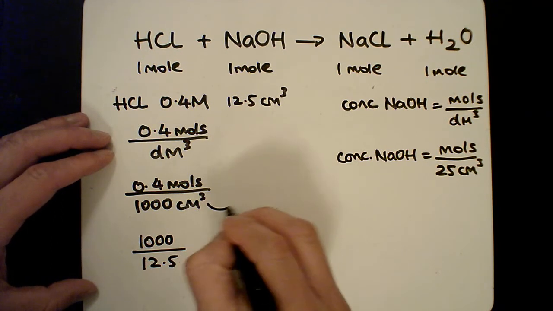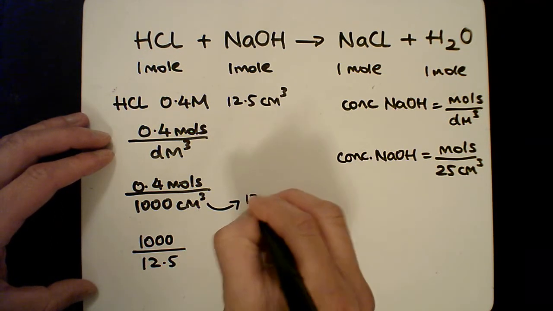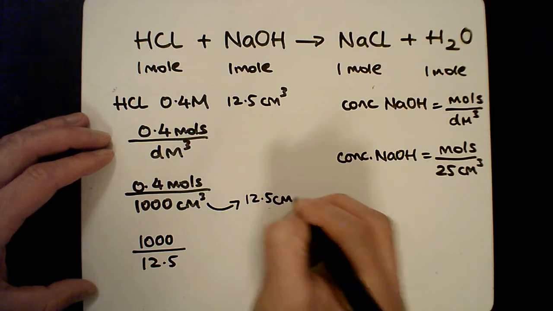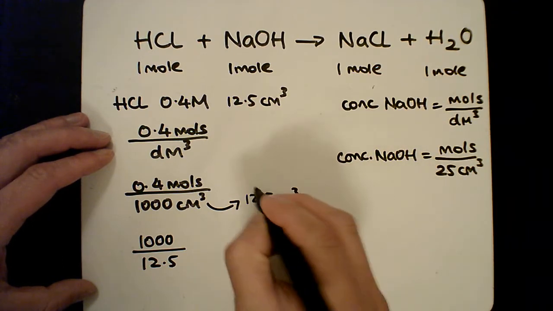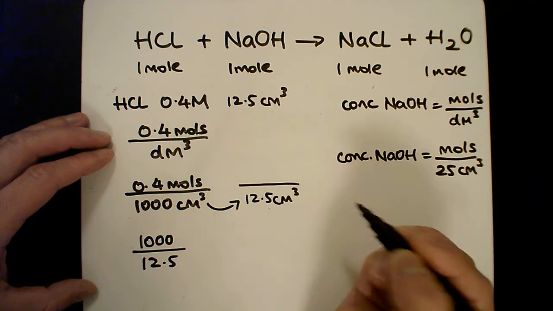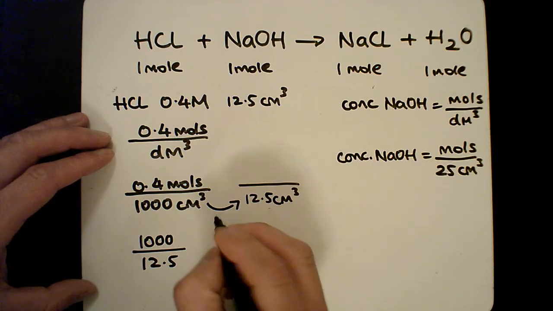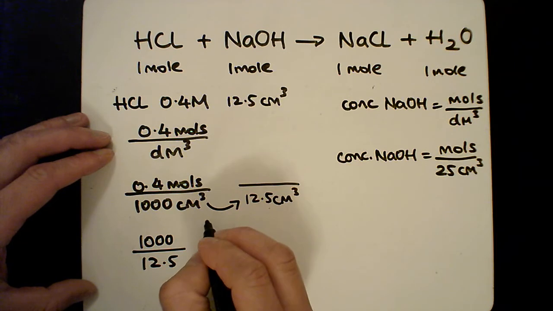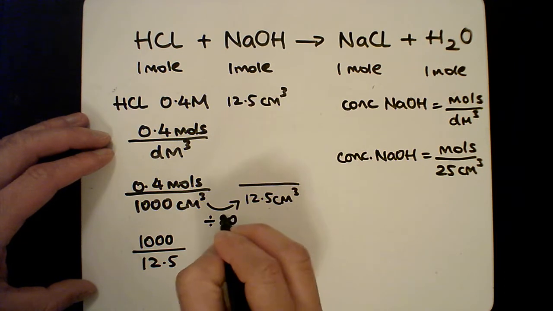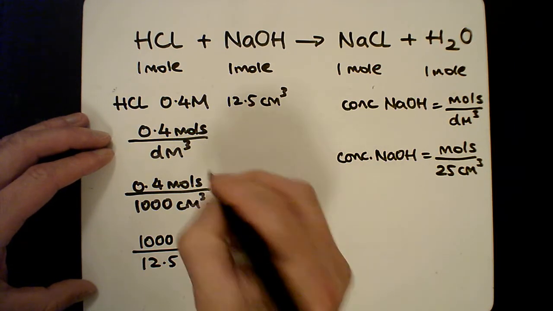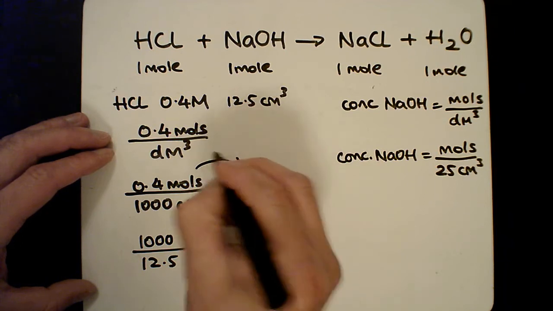It's always good to put the units down so it's clear what the numbers are showing you. So to get from 1,000 to 12.5, we divided by 80. We need to do the same for the number of moles.